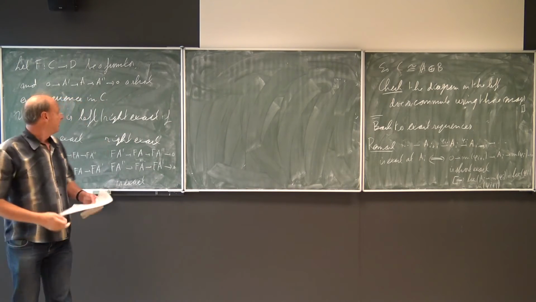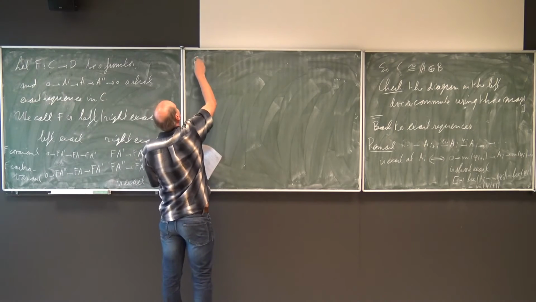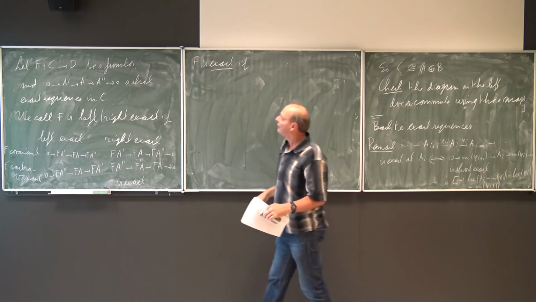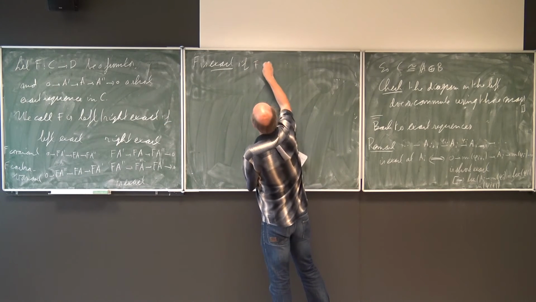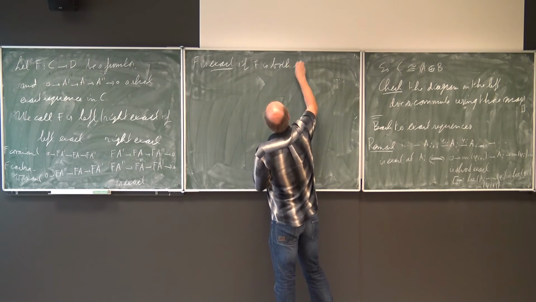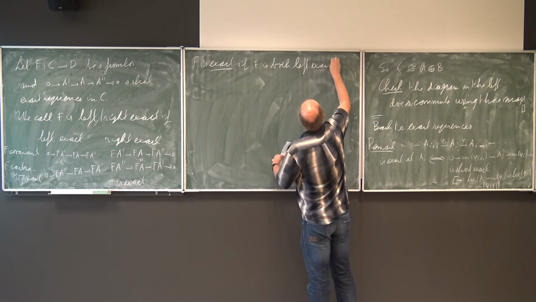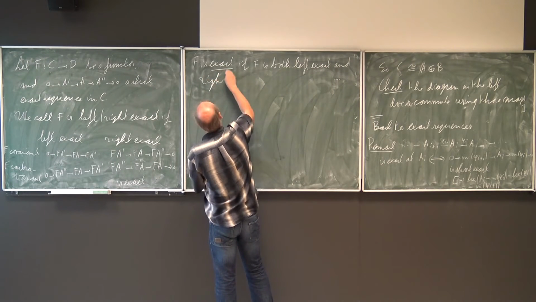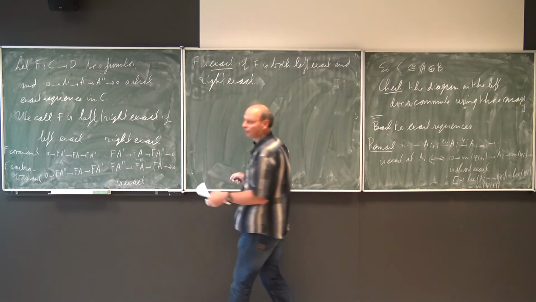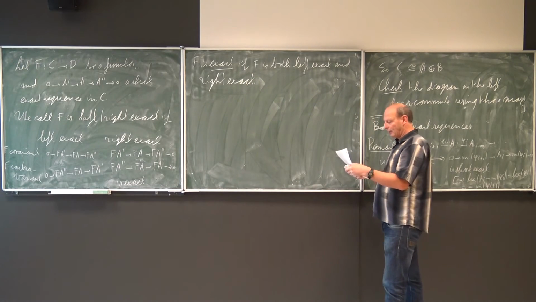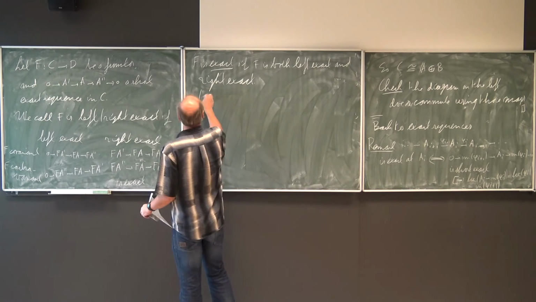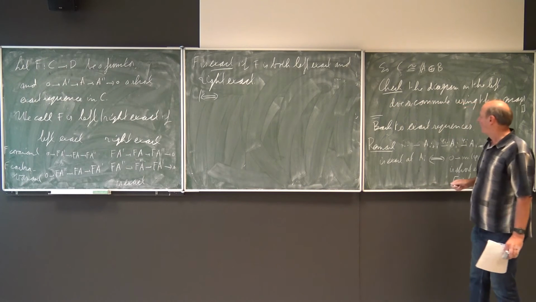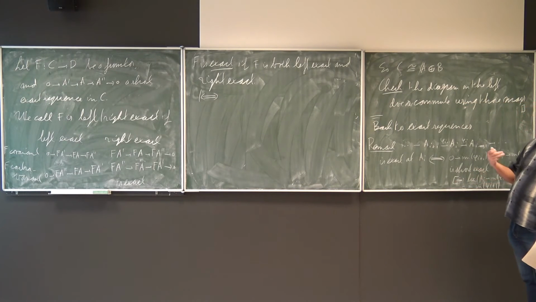Okay, now it will also be nice if your functor F satisfies both left and right exactness. And you can check, and in fact I would suggest to really do it, because what does it mean?